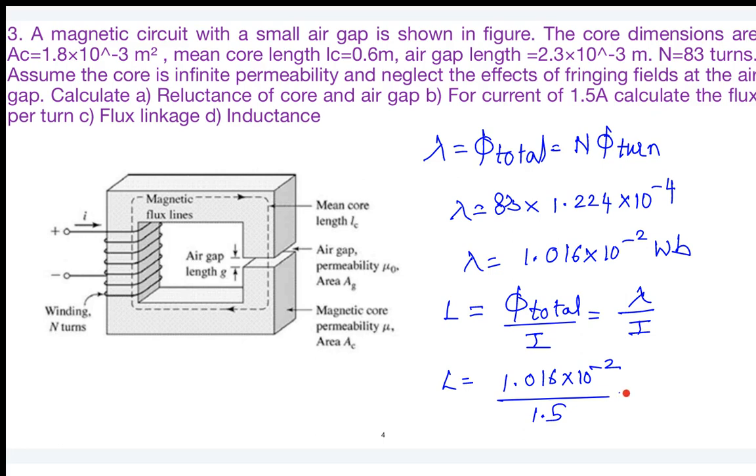You can post the answers here now. Good. 6.773 millihenry. Correct. You can verify that.